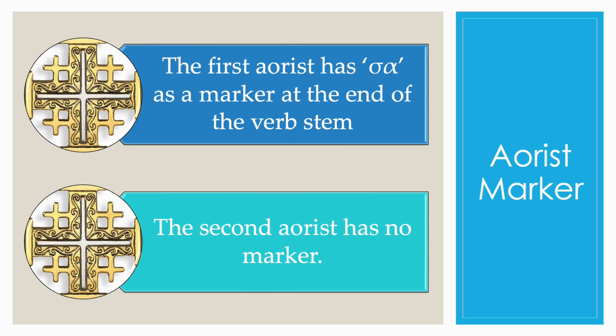As I said, in the passive voice, it's elongated into a long A sound with an eta, and there's a theta before it, a thay sound. So be used to the sound of sa as a sign that there's an aorist, and get used to the sound of the thay to indicate a passive voice verb, either future or aorist.